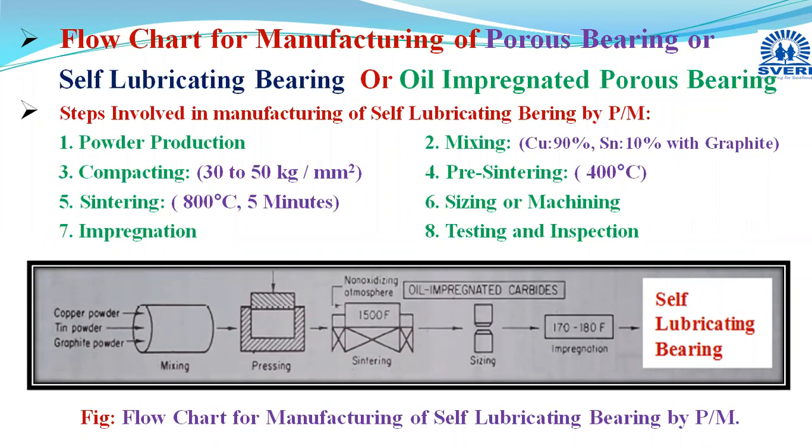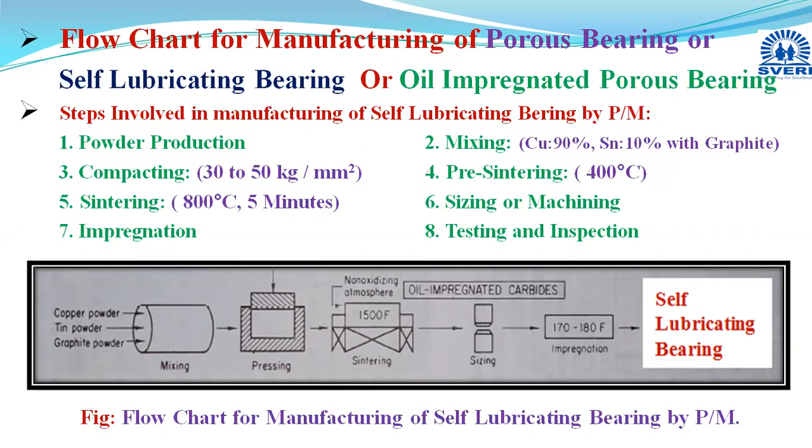In that, I covered the concept of powder metallurgy, then the different steps involved in manufacturing a component using this technique. We covered powder production, including mechanical, physical, chemical, and electrochemical processes.